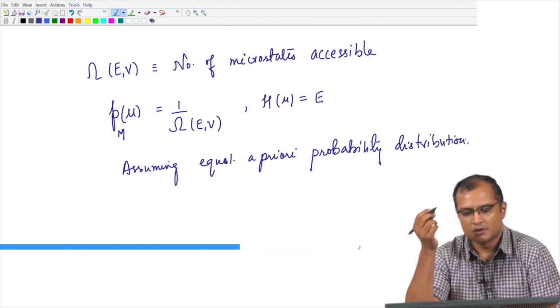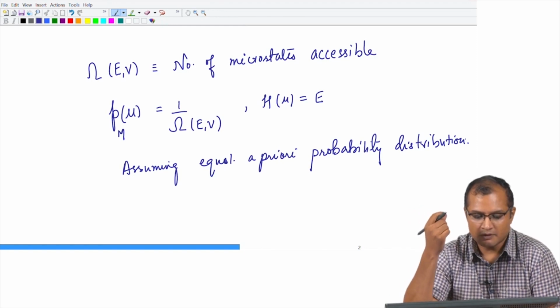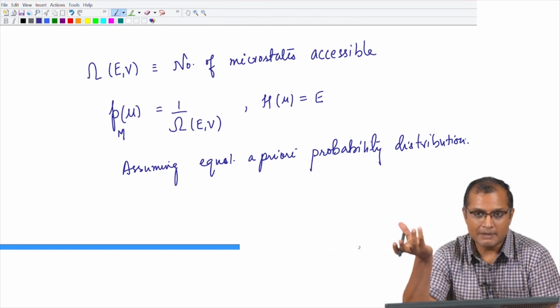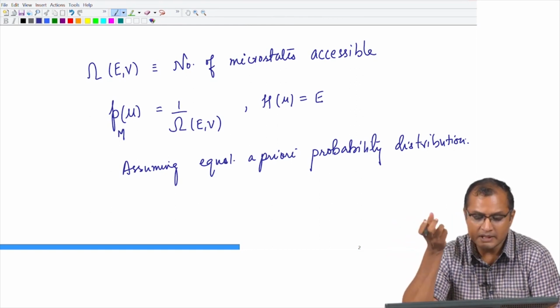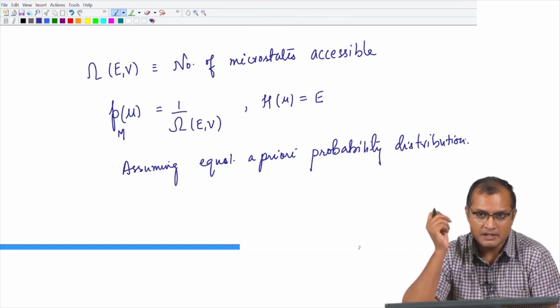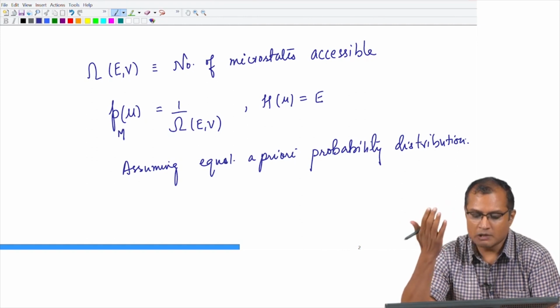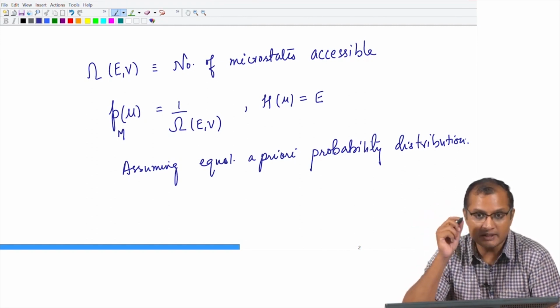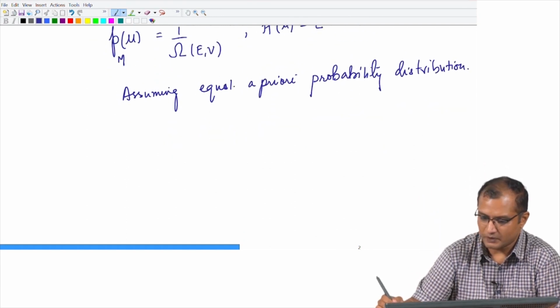So, the meaning is if your macrostate has omega microstates, then each microstate has an equal probability in that macrostate. Okay.